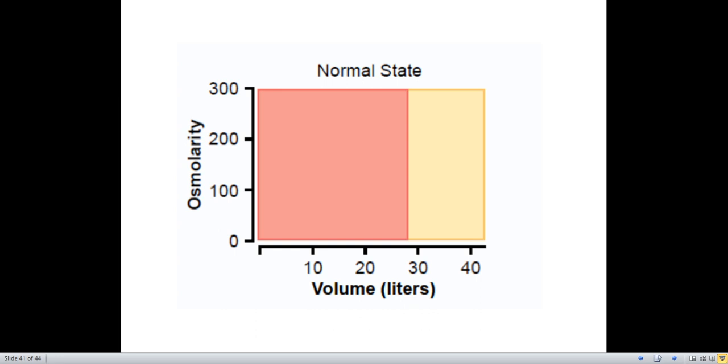This figure shows the normal status of body fluids. Intracellular fluid is shown by the pink box. Extracellular fluid is shown by the yellow box. The volume of intracellular fluid is equal to 28 liters and the volume of extracellular fluid is equal to 14 liters, while osmolarity is around 300 milliosmoles per liter.